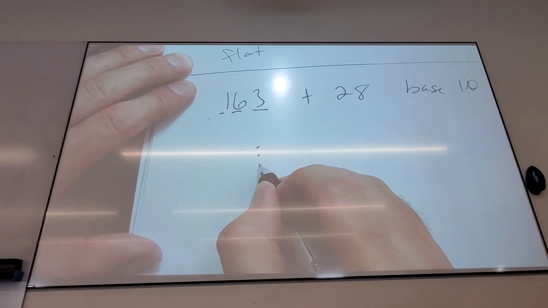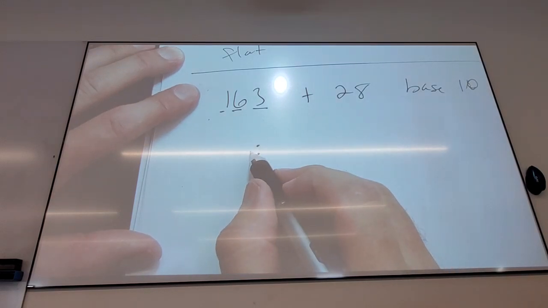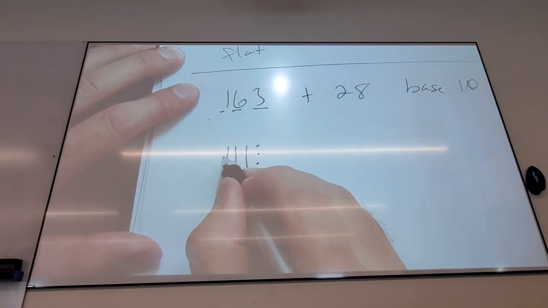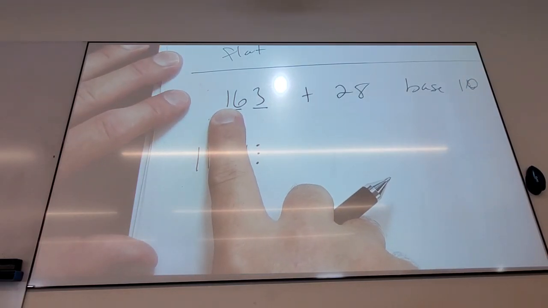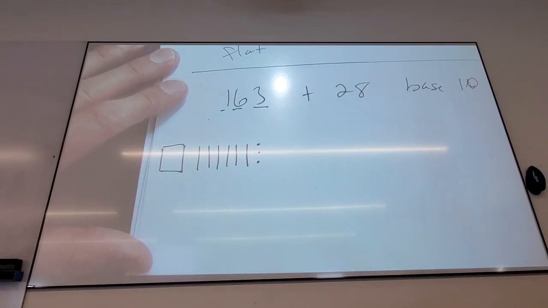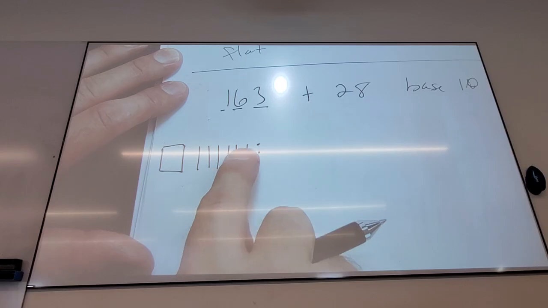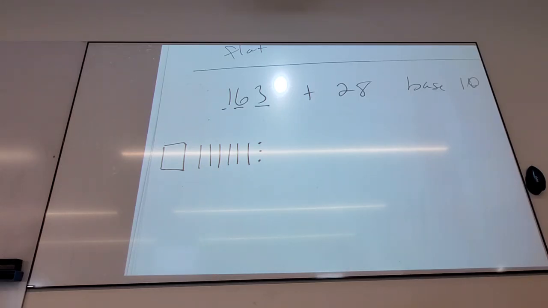That's right. 3 units. 6 longs, and instead of making little rectangles, I'm just going to make lines. Is that cool? And then 1 flat. So 10 of these in a row is a long. 10 longs in an array is a flat, and then of course 10 arrays stack up to make a cube. And that's really good for little people because you always want to connect tactile stuff to ideas.